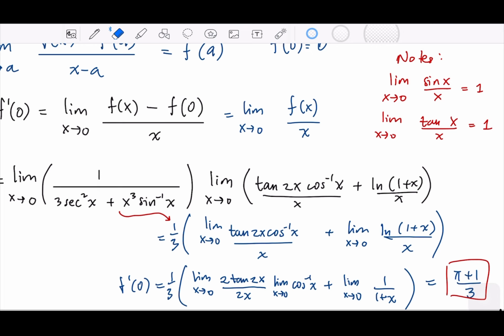But if you consider the time limit, I think this one is more simplified and you can avoid a lot of mistakes. It depends on the question.